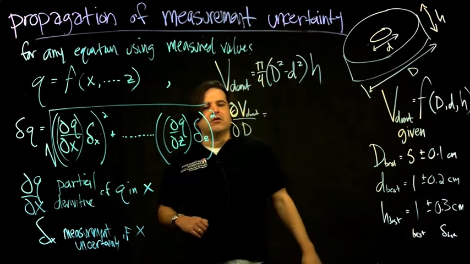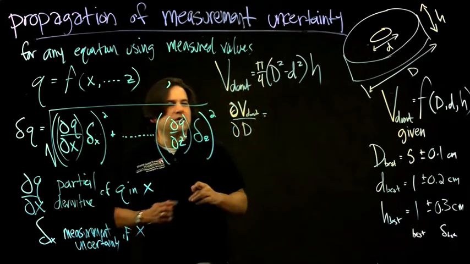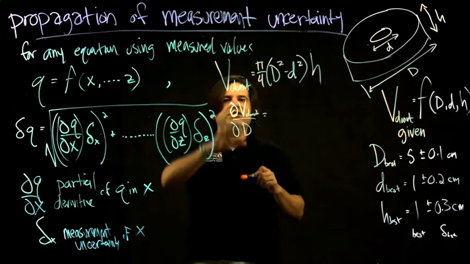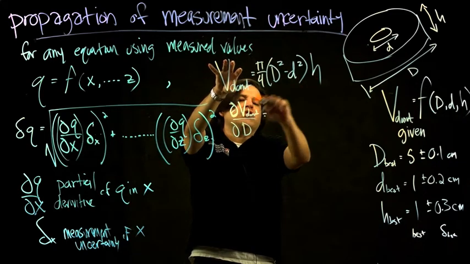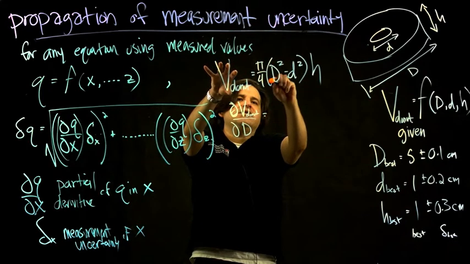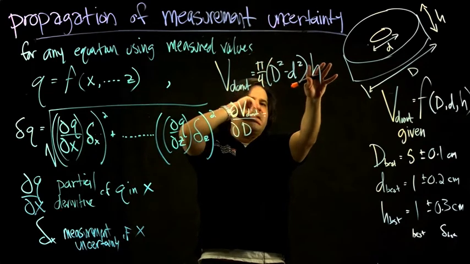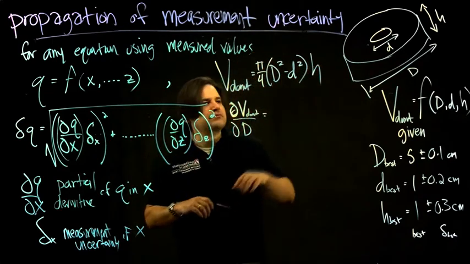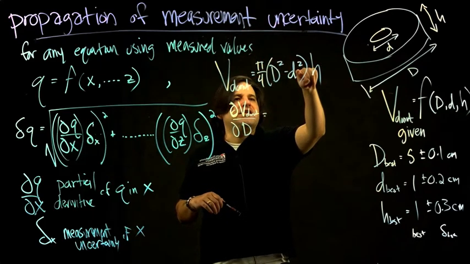Anyone doing that at home? To remind you of calculus, you have this function of 3 variables, and the partial derivative with respect to d is only saying that this is the variable, everything else is constant. So if that's the case, the h becomes a constant, pi over 4 is a constant.